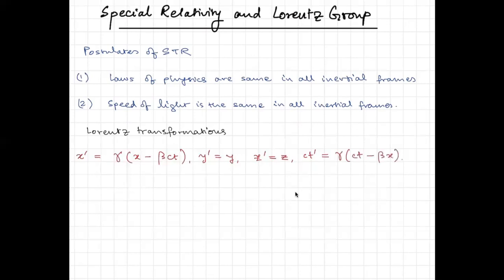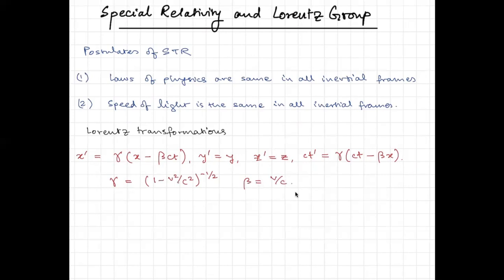So this has a nice symmetrical way of writing it. Here, gamma, as you would remember, is 1 minus v squared over c squared, whole to the minus half, and beta is v over c.